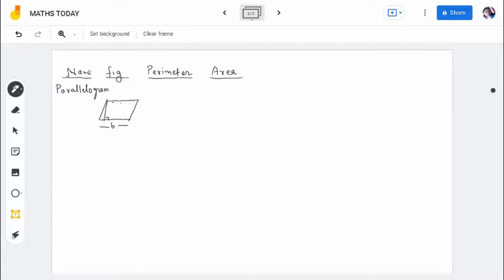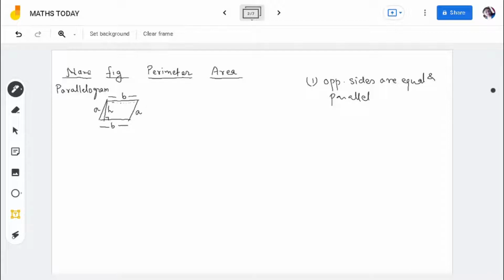So we know that in case of parallelogram, the first property says that opposite sides are equal and parallel. So here you can see that if this is b, then this will also be b. And if this is of length, just suppose a, then this length will also be a. As per the definition of the perimeter, perimeter is nothing but the sum of length of all its boundaries.